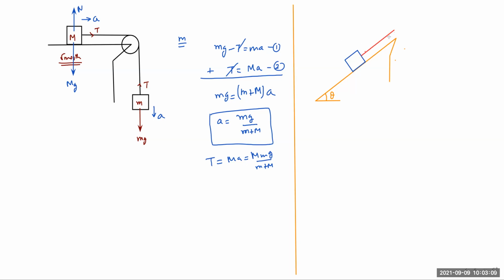The pulley is at the top. And then we also have another mass somewhere here. Let's call them M1 and M2 by name. This could be anywhere. I'm giving you the direction: this is going down. So find the acceleration and the tension.